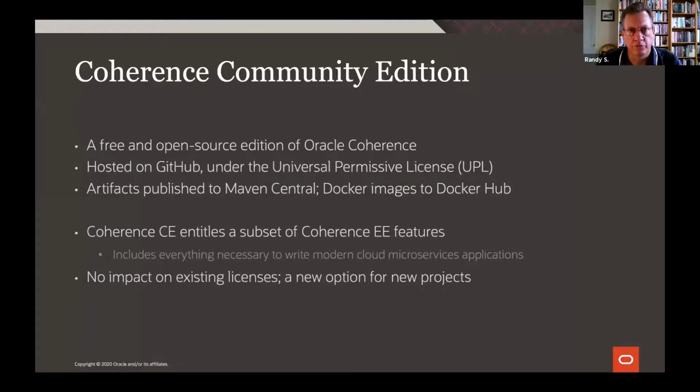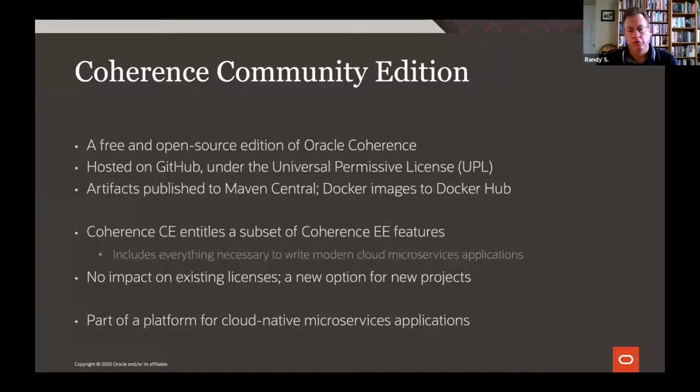It's a new option for new projects that we hope you will consider if you're contemplating a data grid in an enterprise application architecture, and if you're interested in an open source offering. And finally, Coherence Community Edition is part of a platform from Oracle for cloud native microservices applications. I'll summarize that platform on a later slide.